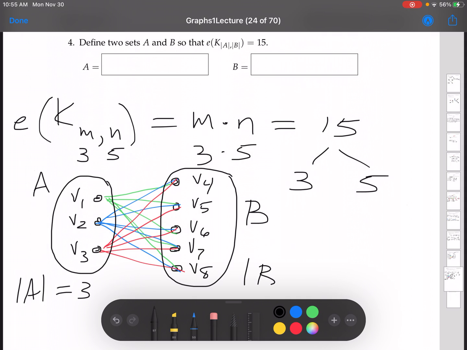The cardinality of B is 5. And so our answers would be V1, V2, V3, and over here we've got V4, V5, V6, V7, V8.